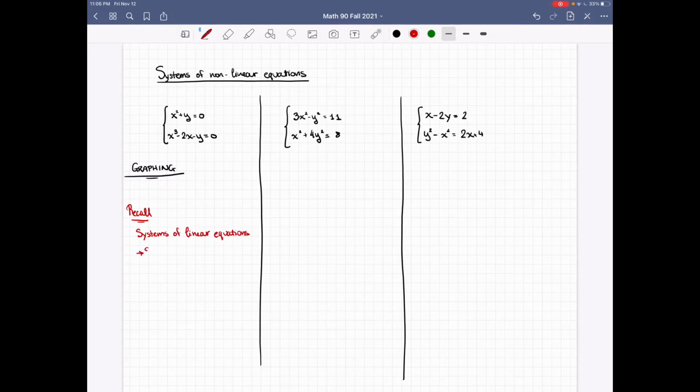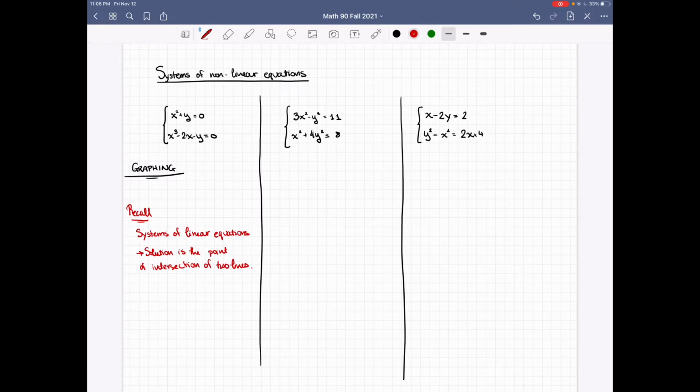So when we're looking for the solution, we're looking for the point of intersection of 2 lines. And of course, as we discussed in our video on 2x2 systems, lines can be parallel, 2 equations can be equivalent, so that can lead to different things that we see on the graph.